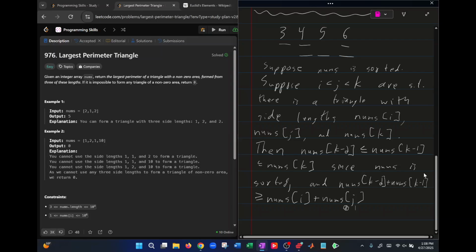And we know, since i, j, and k are such that we can form a triangle with nums i, nums j, and nums k, that this sum must be strictly greater than nums k.